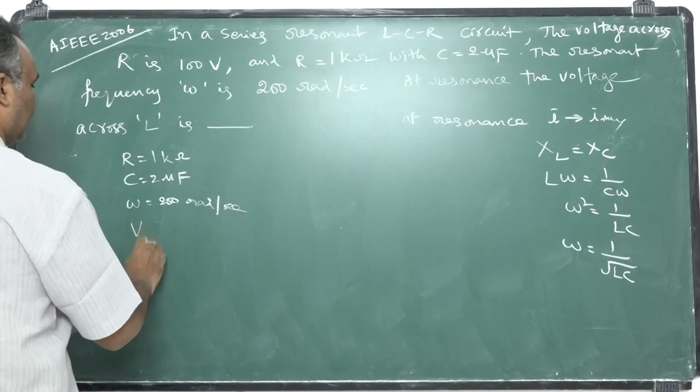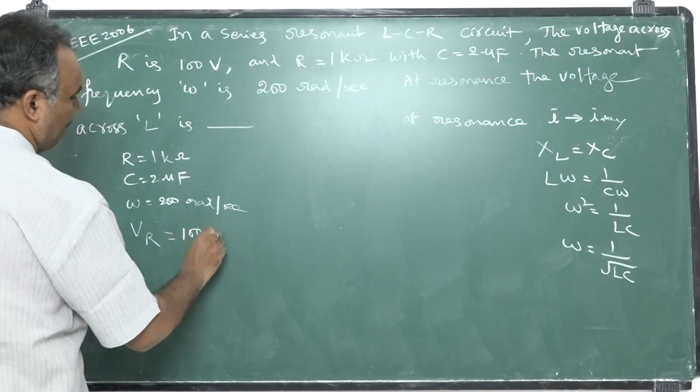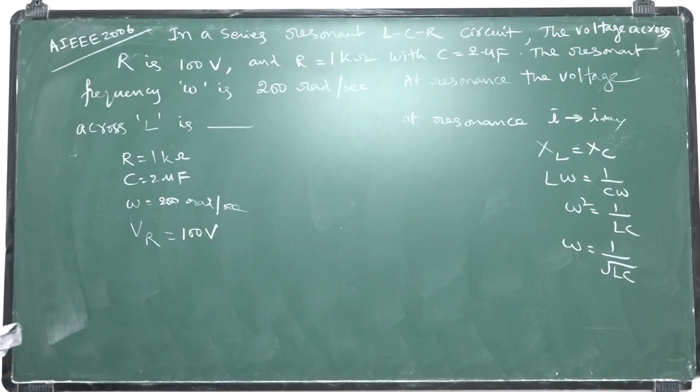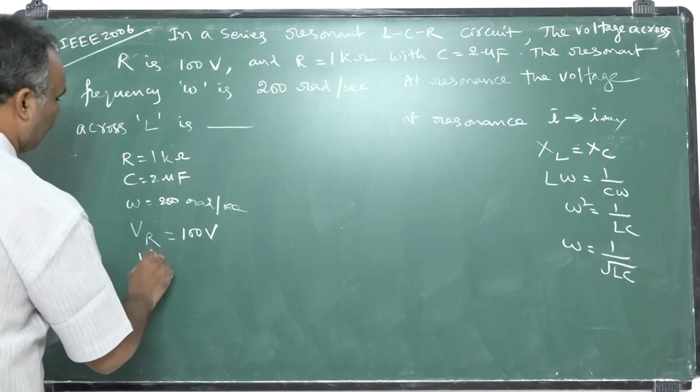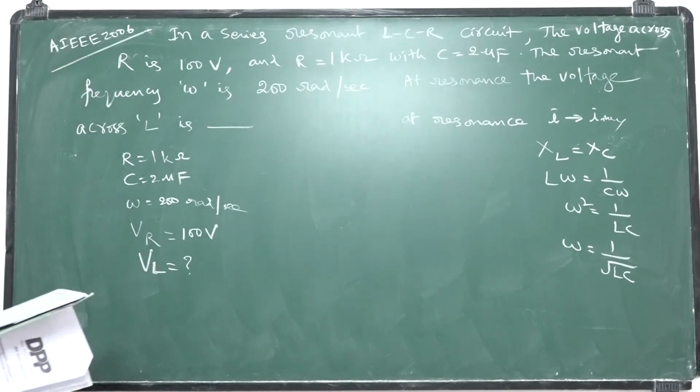Voltage across resistor is 100 volts. Now, you are required to find, at resonance, the voltage across inductor. Voltage across inductor is how much? This is the question.